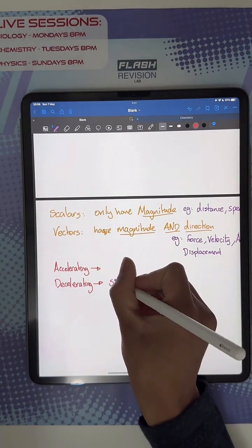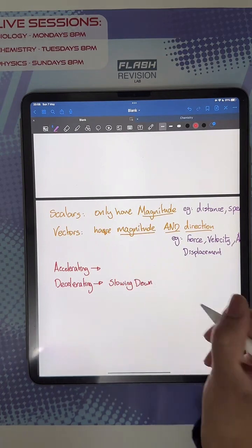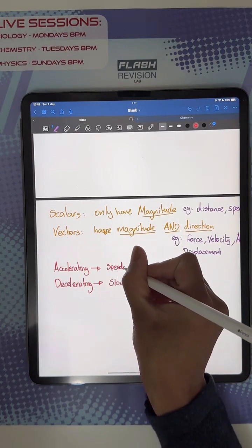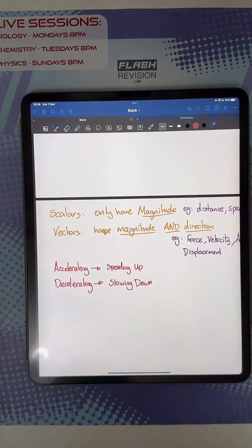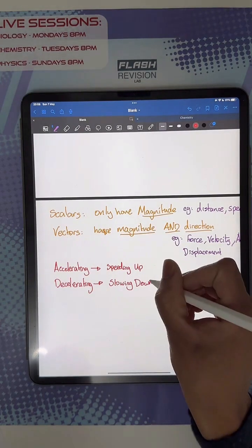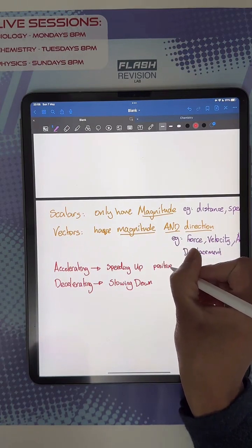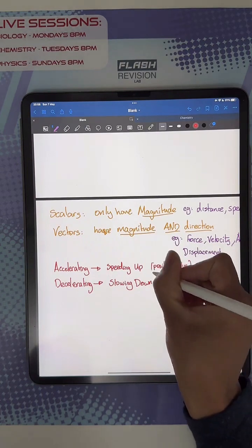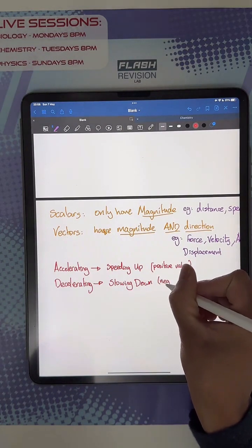So deceleration means it's slowing down. Accelerating means it's speeding up. The units for acceleration are meters per second squared. If it's a positive value, then it means the object is accelerating. If you get something like minus 10 meters per second squared, then it means it's slowing down, it's decelerating.